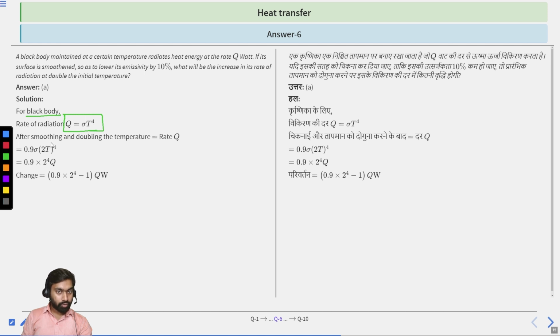After doubling the temperature, the rate becomes 0.9 multiplied by sigma (2T) to the power 4. Solving this term, you will get 0.9 multiplied by 2 to the power 4 Q. So the change is equal to (0.9 × 2^4 − 1) Q watt.